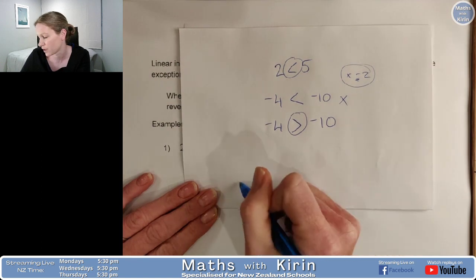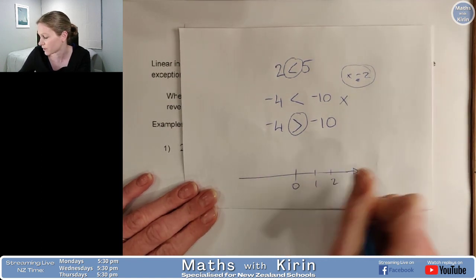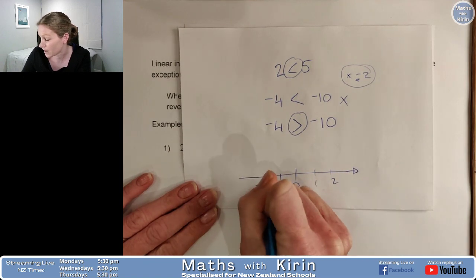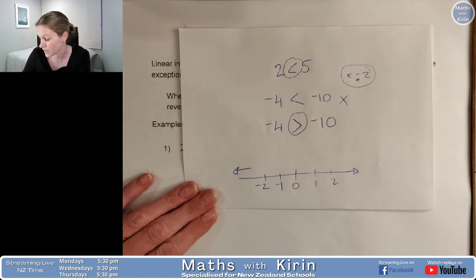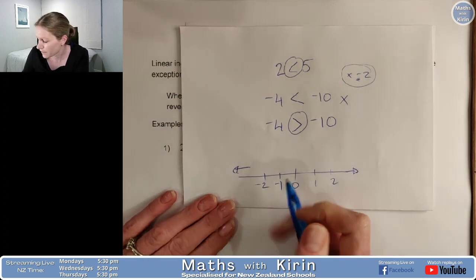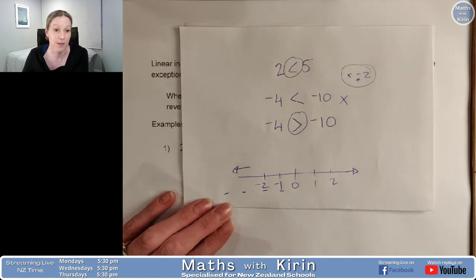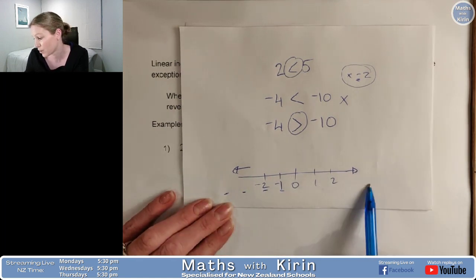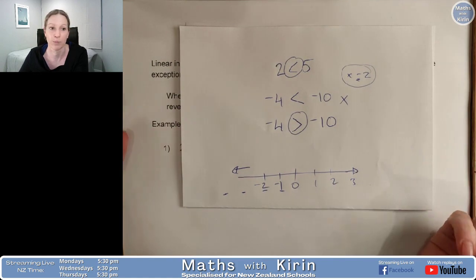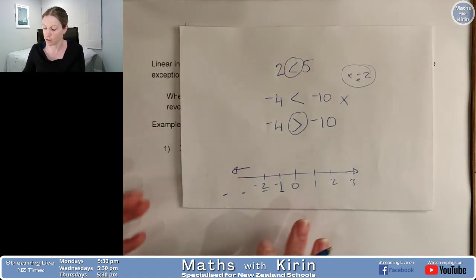And that's because if you think of our number line, we sort of have 0 in the middle. We have all of our positive numbers going up, and then we have all of our negative numbers going down. It kind of flips. So when we're multiplying by negative, the bigger the number part, the smaller the number. Whereas if we're looking at positive numbers, the bigger the number, the bigger the number. So that's why that happens.